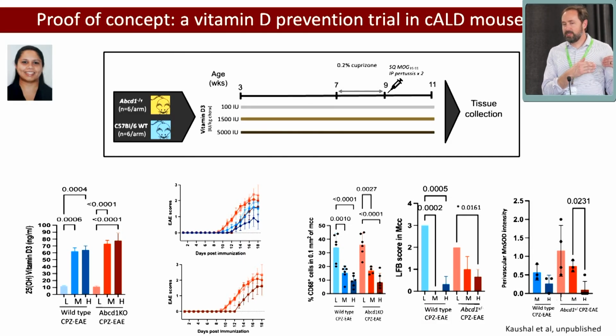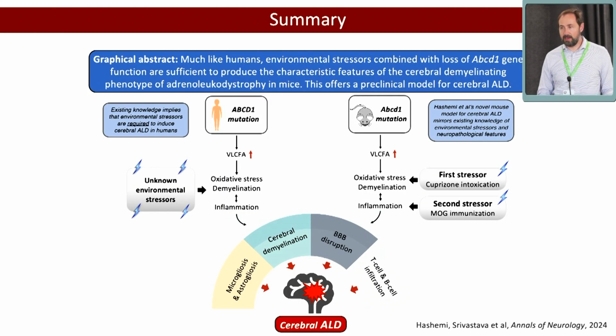What we are aiming to do now is understand more of the mechanism for vitamin D and for cerebral ALD in general, and do more crossover studies of what we see in the mouse, whether it bears out in the human, and then whether we can apply therapies to fix these things. This is where we are now. Our conceptual model is that humans and mice with an ABCD1 gene defect are not fated to develop cerebral ALD at the outset.